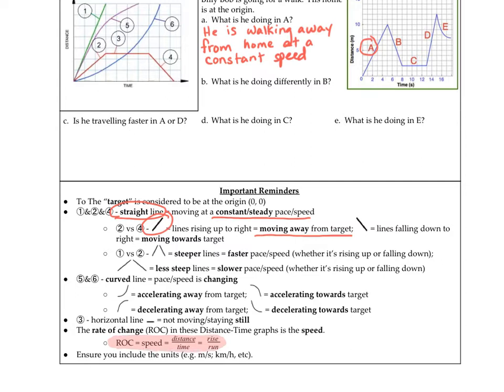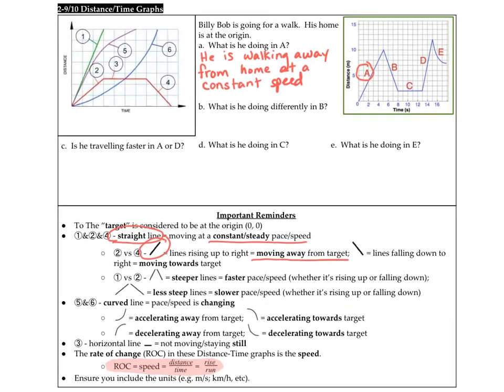So to calculate the speed, you're going to treat it like a rate of change question. So if you remember, when you have a graph, what you do is you make a right angle triangle, and the rate of change is equal to the same as the speed, and it's the rise over the run.